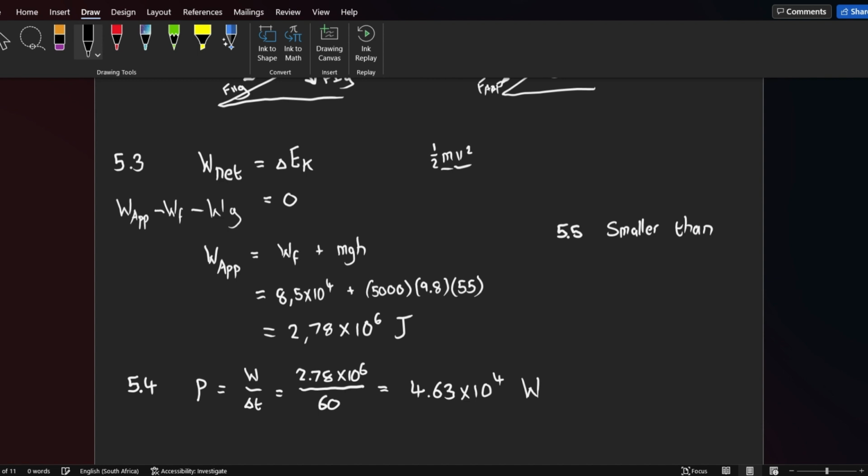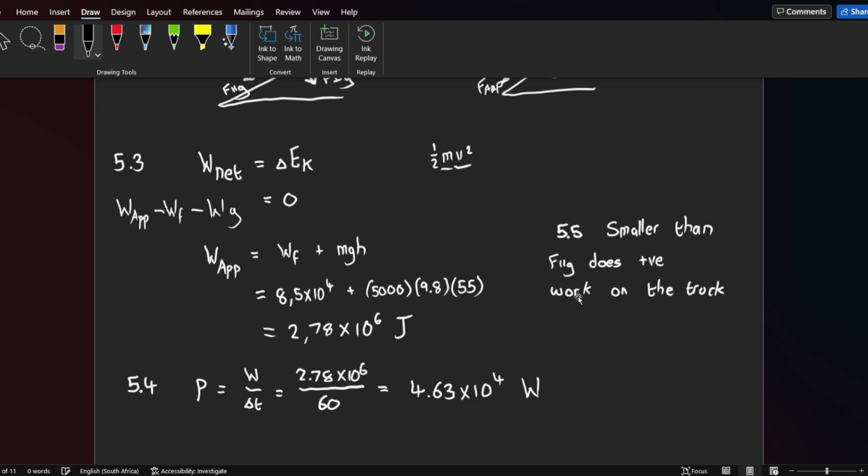And they said give a reason. So the reason will be that the weight, the gravitational force, now does positive work on the truck.